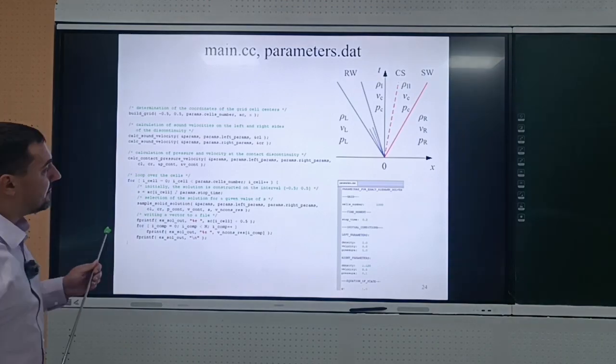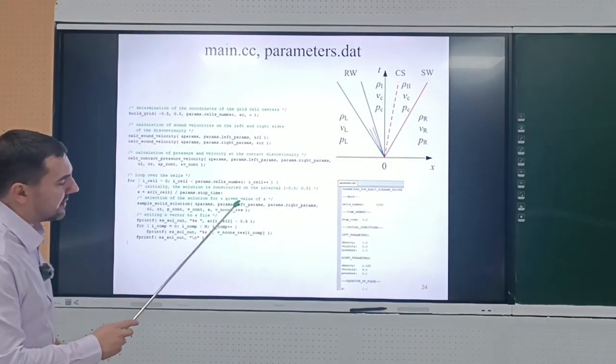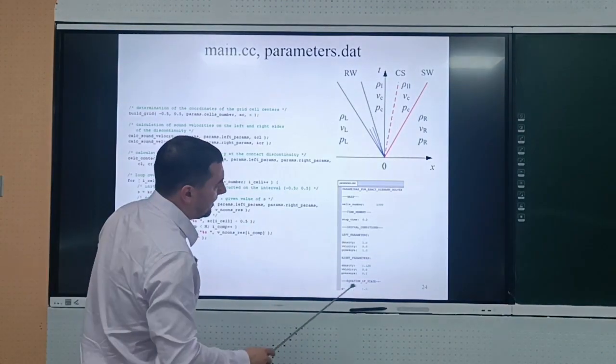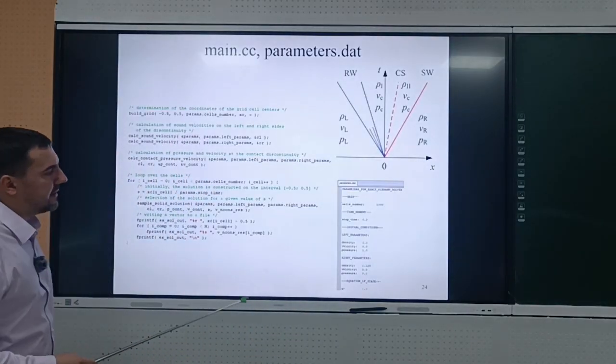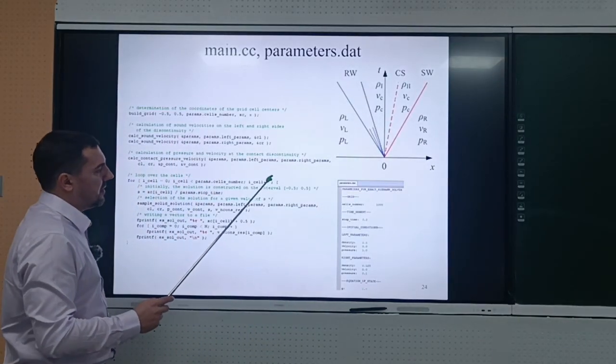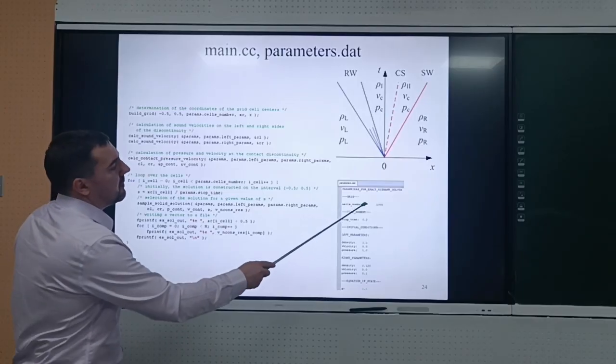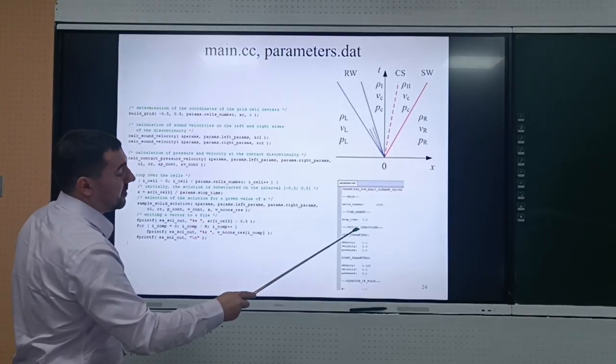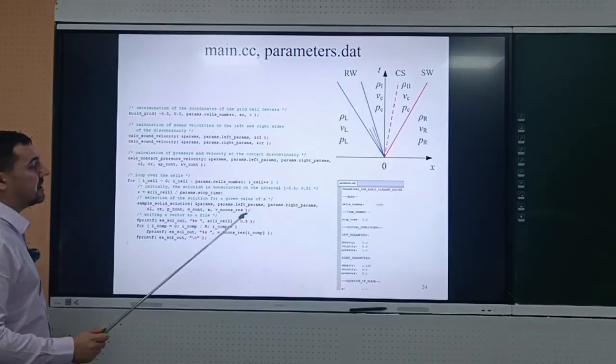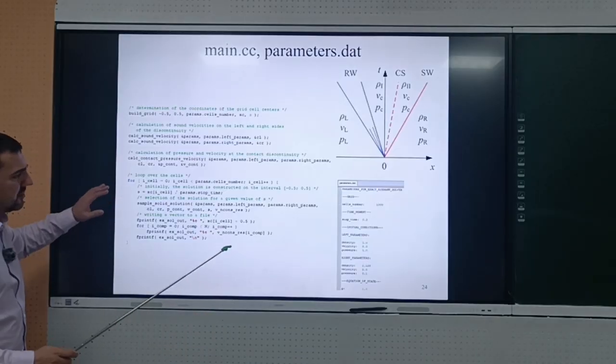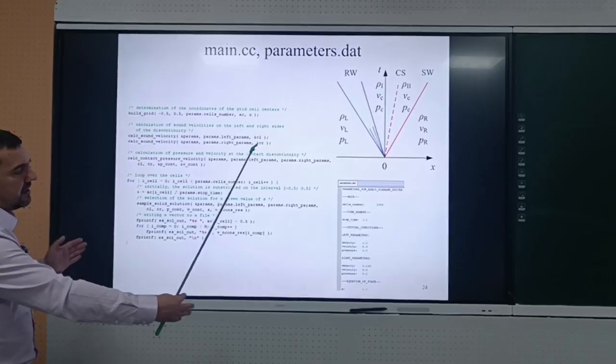So, okay. This program has an input file where you can specify the necessary parameters. Suppose we want to compute our exact solution on a computational mesh with 1000 cells, and we need to choose the interval.